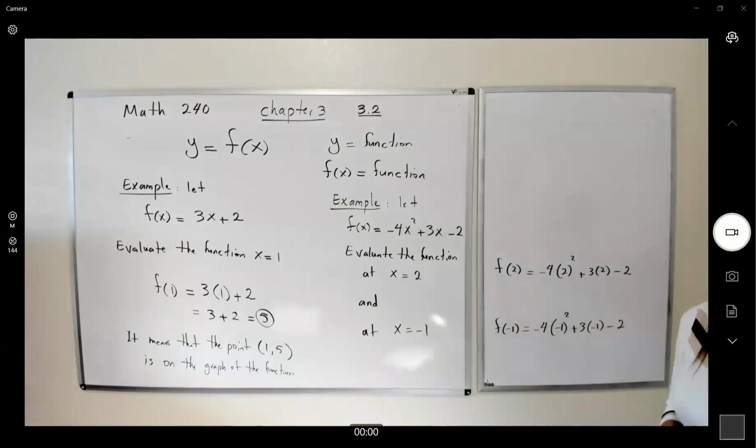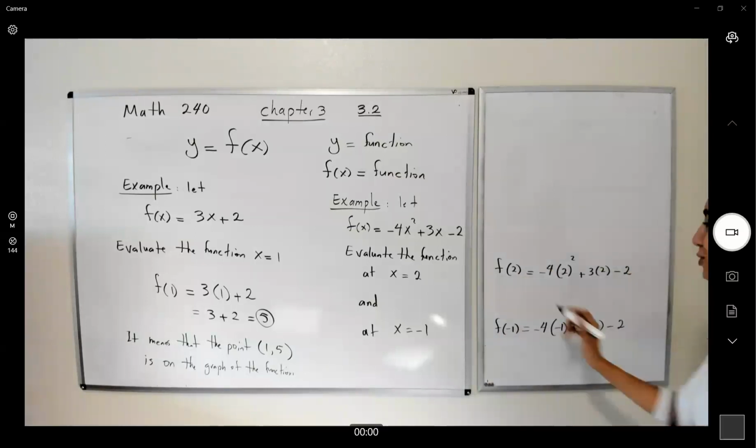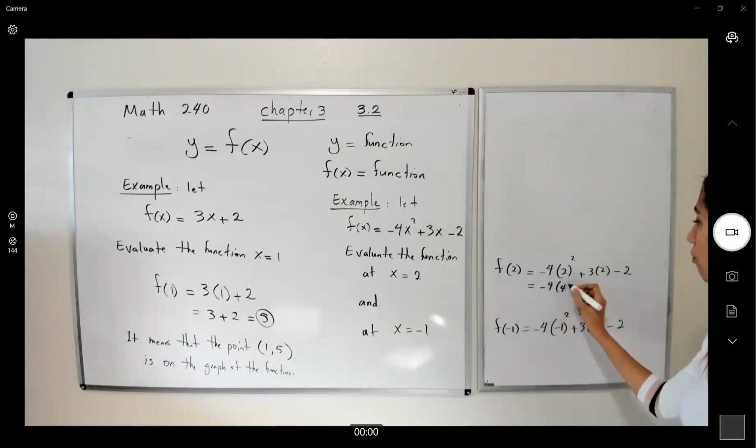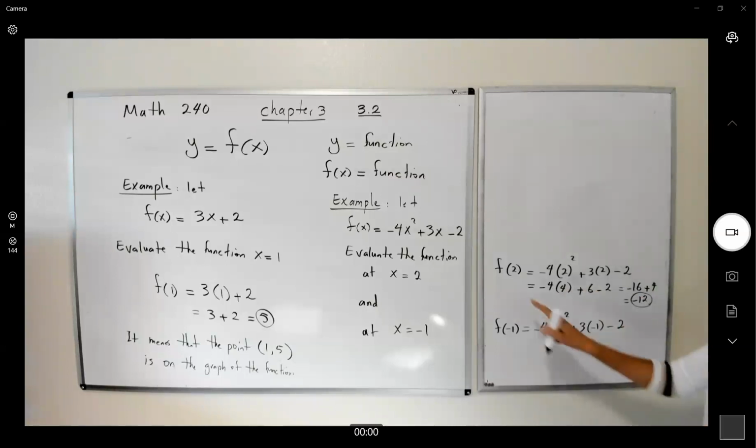We're going to calculate each of these separately to find 2 y values. So this is equal to minus 4 times 4 plus 6 minus 2, negative 16 plus 4, which is negative 12. It means that the point (2, -12) is on the graph of the function.